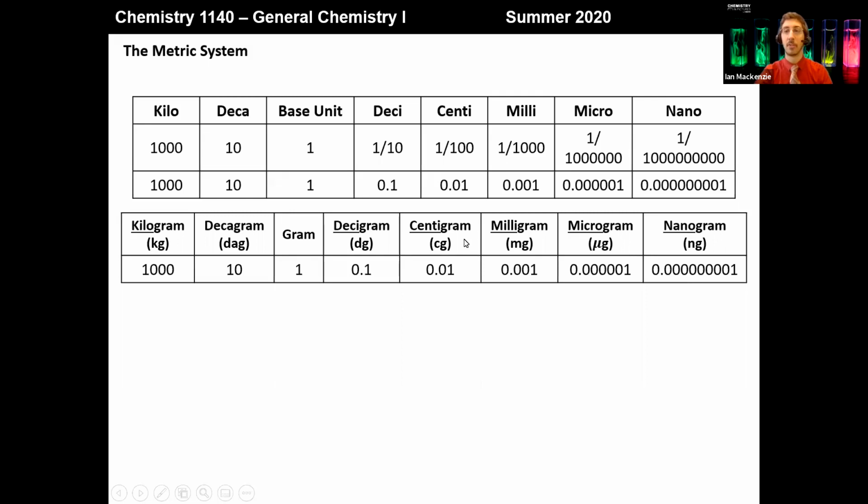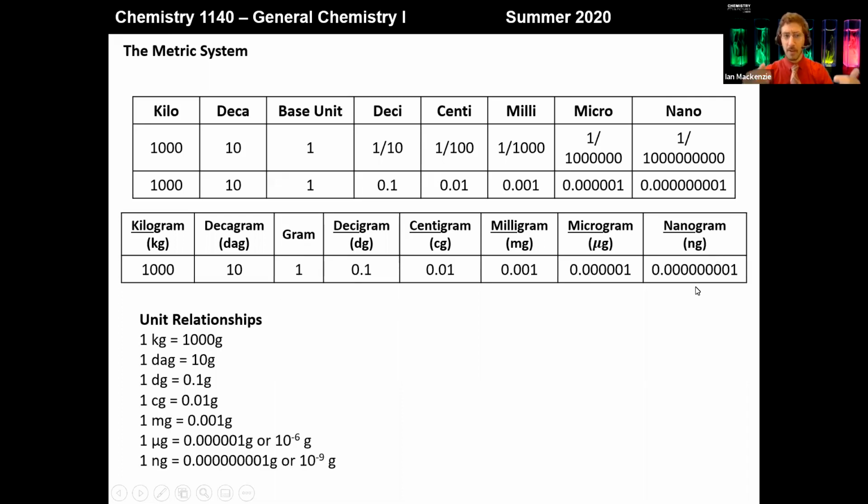So a centigram is 1/100th or 0.01 of a gram. A nanogram is 1 times 10 to the minus 9. There are essentially 0.000000001 grams in 1 nanogram.